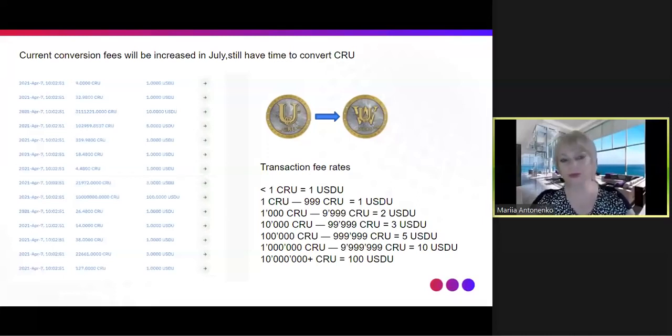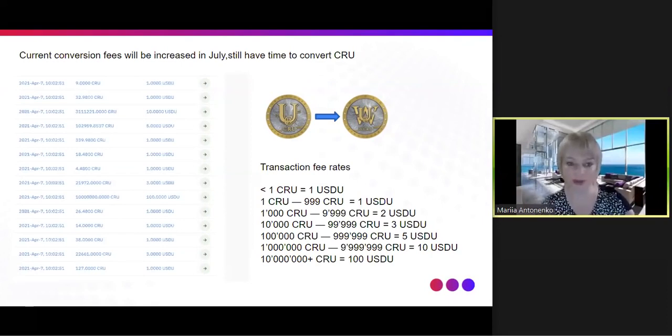So again, I repeat, the commission fee will cover the difference between the current CRU price on the exchange and the WCRU price in the UGPay group.